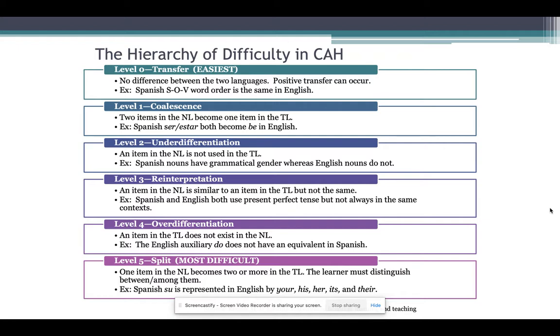This easy level can be contrasted with a higher level, such as level 4, which is called over-differentiation. With over-differentiation, the L1 is simply missing the form that the learner needs to learn for the L2. Like they just don't have anything to transfer at all. An example of this would be maybe a Russian speaker trying to learn how to use English articles.